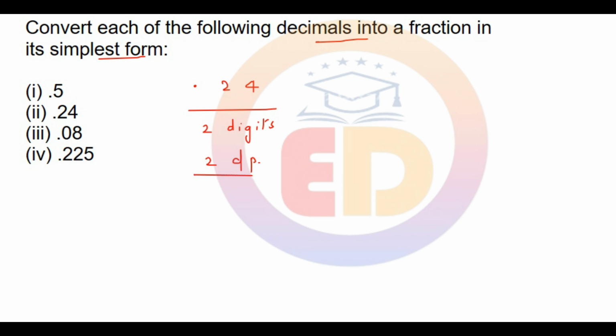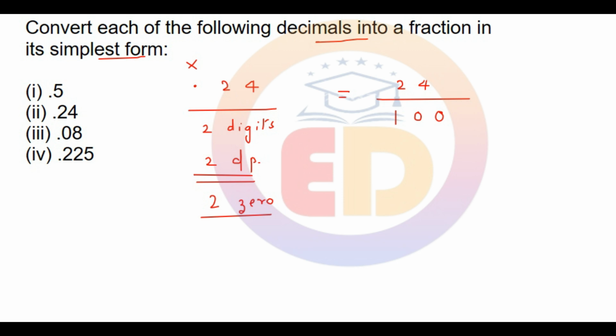And to convert a decimal number with 2 decimal places into a fraction, first remove this decimal point, it will become 24. And in the denominator, first write down 1. And after 1 on its right side, since there are 2 decimal places, you have to write 2 zeros. So remember, in the denominator after 1, the number of zeros will be equal to the number of decimal places.